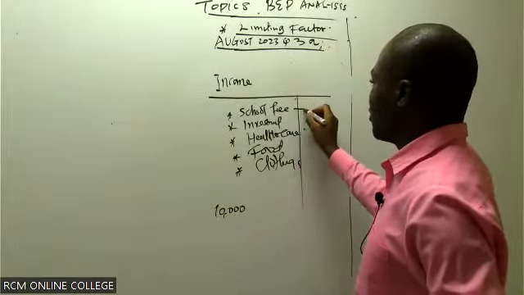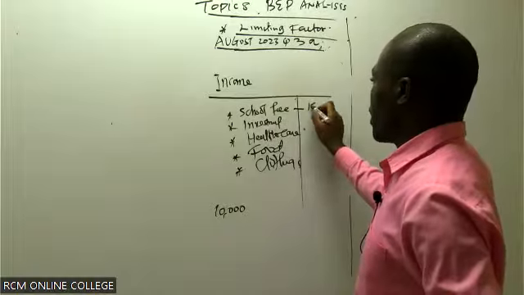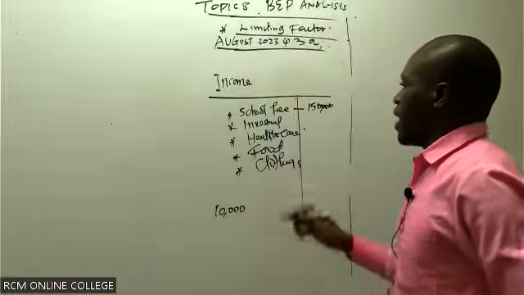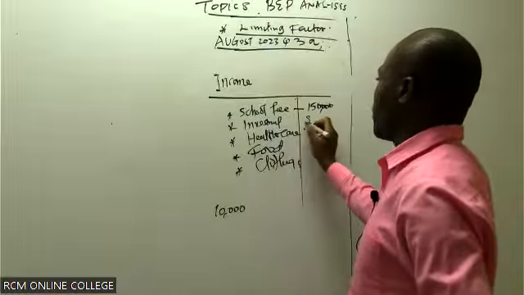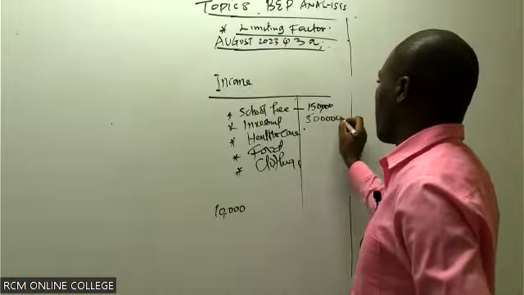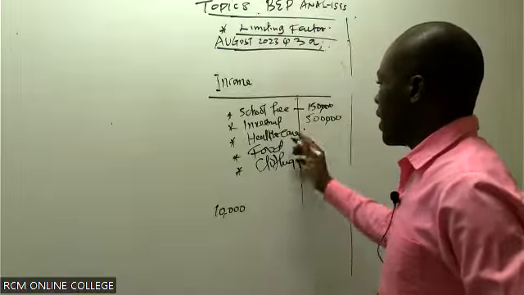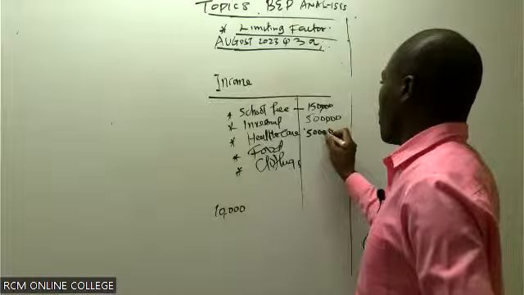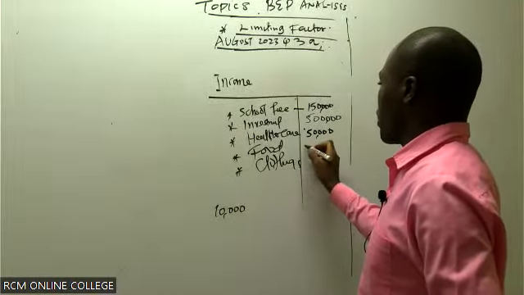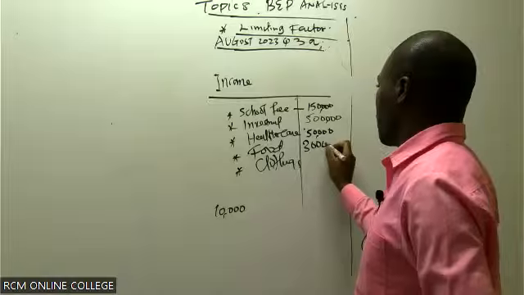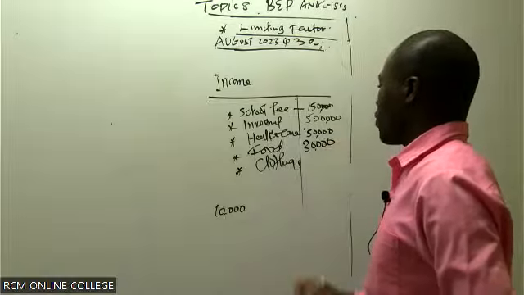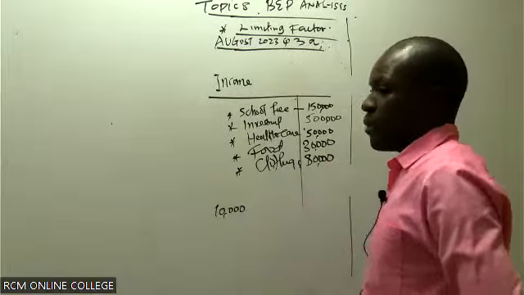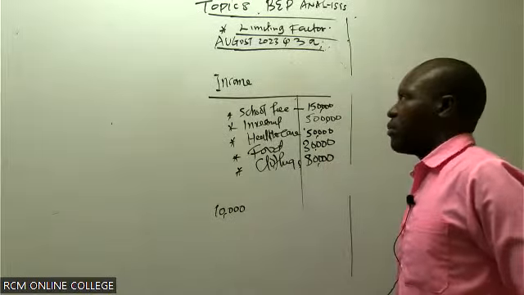Maybe under school fee, somebody is spending 150,000 per month. Under investment, somebody is taking around 500,000 per month. Under healthcare, somebody is talking about maybe 50,000 per month. Food, somebody is talking about 30,000 per month. Clothing, somebody is talking about 80,000 per month. That's what somebody is doing.